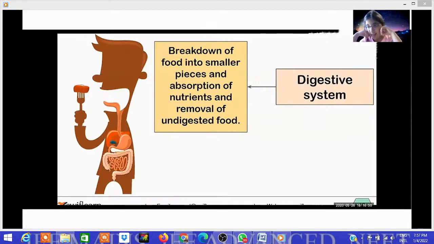In the same way, this is what the digestive system does. It breaks down the food into smaller parts, absorbs all the healthy nutrients which are really important for the body, and removes the undigested or waste food from the body. So this is the function of the digestive system. Is that clear? So write down the function of the digestive system in your notebook.